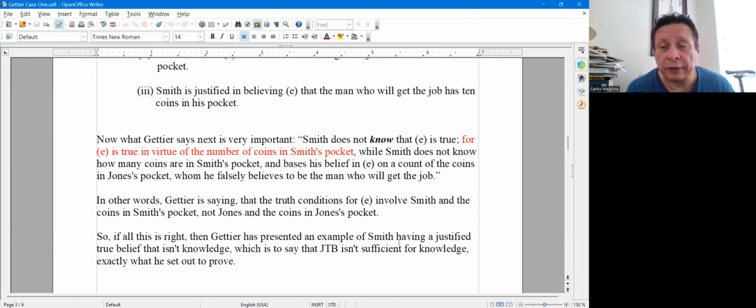That's basically what he's saying. And it doesn't involve Jones and the coins in Jones's pocket. So if you think all of this is right so far, then Gettier has indeed presented an example of Smith having a justified true belief that isn't knowledge, which is to say that JTB isn't sufficient for knowledge, which is exactly what he has set out to prove.